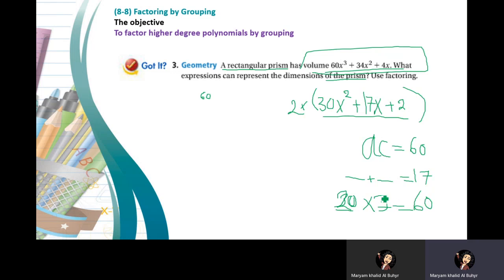I cannot subtract, because once I subtract them I will get 17, but I need something with addition.